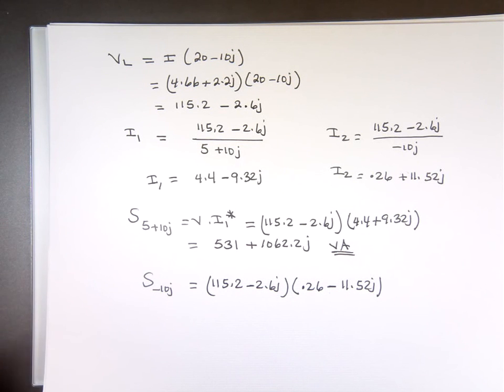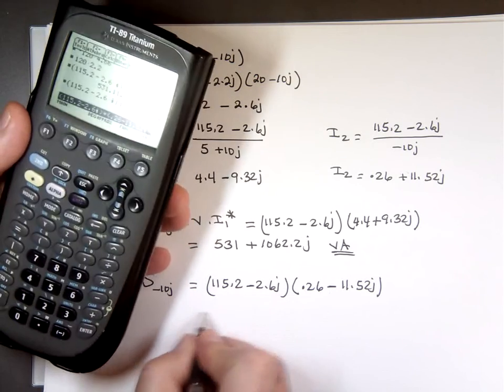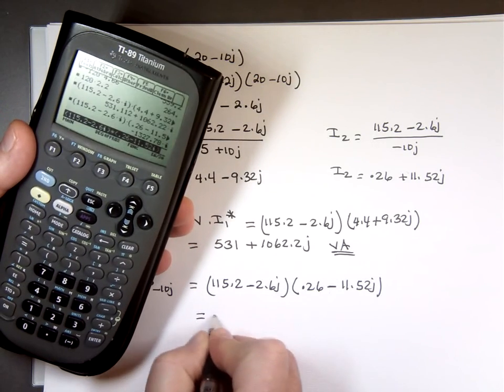So 115.2 minus 2.6j times 0.26 minus 11.52j. Where's the j? It's 1327, or negative 1327. Oh, 28, right? Negative 1328j roughly.